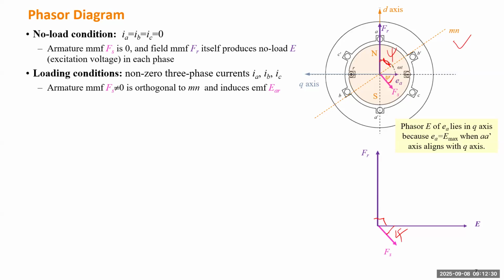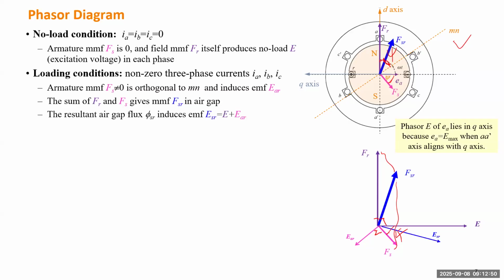And this stator winding magnetomotive force also induces another voltage lagging it by 90 degrees. So the total magnetomotive force, we call it FSR, will be determined based on this parallelogram. If we draw the parallelogram, that will be the total, which means the two voltages also have a total voltage. We call it ESR.